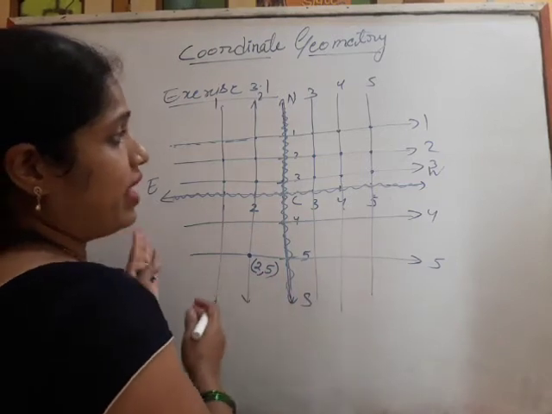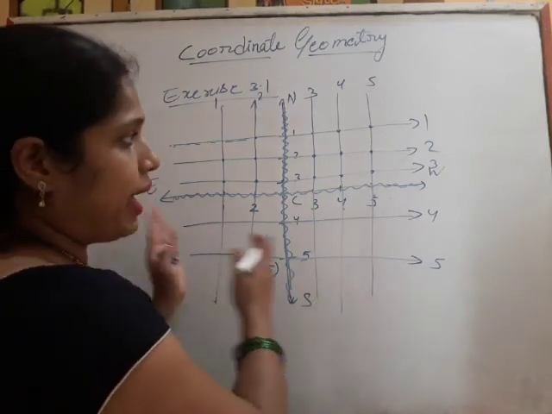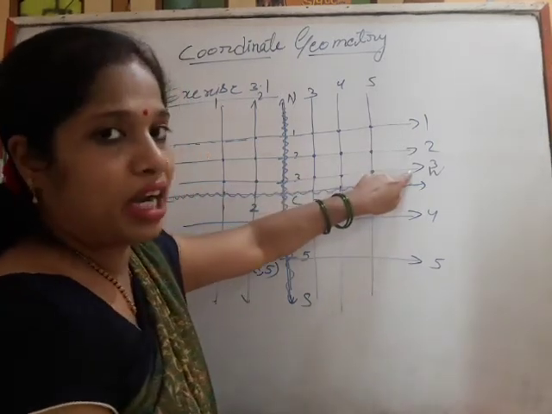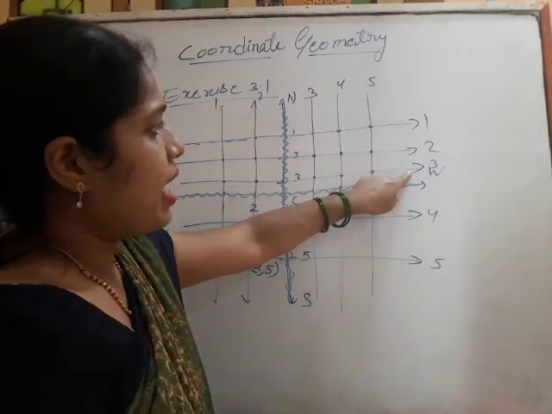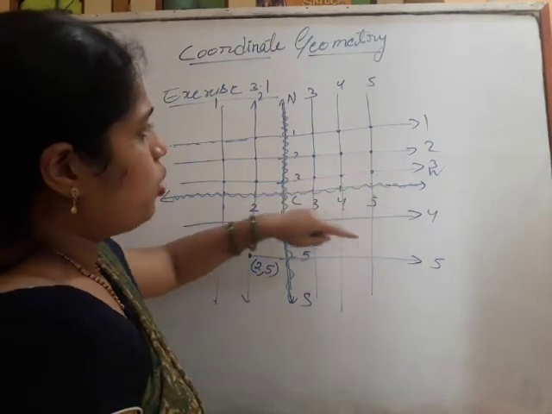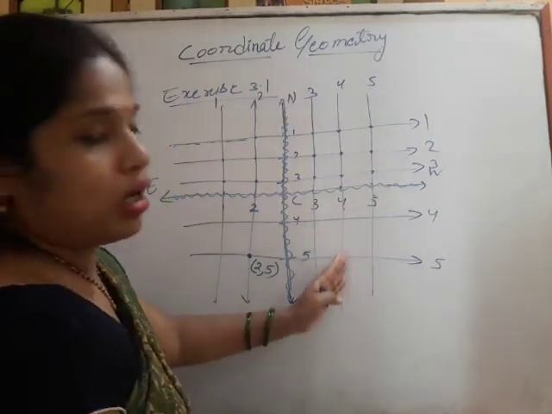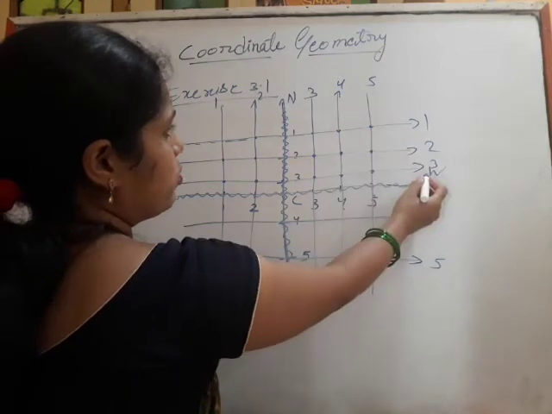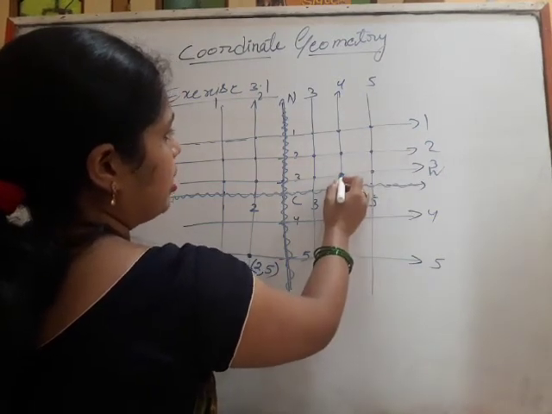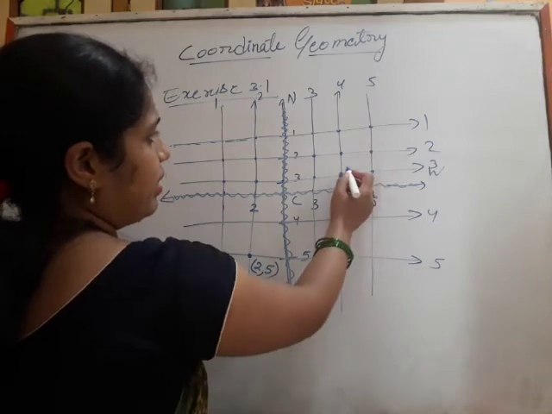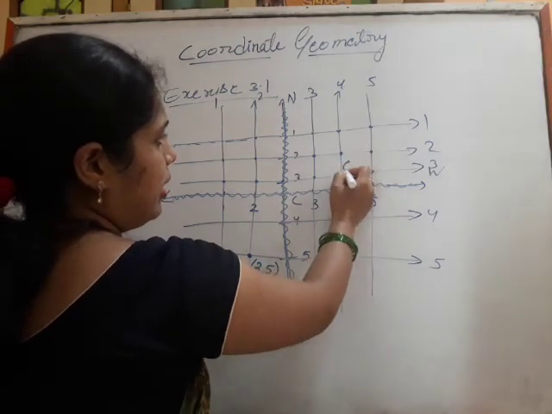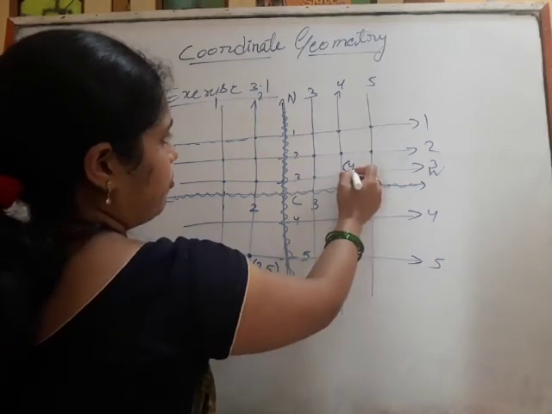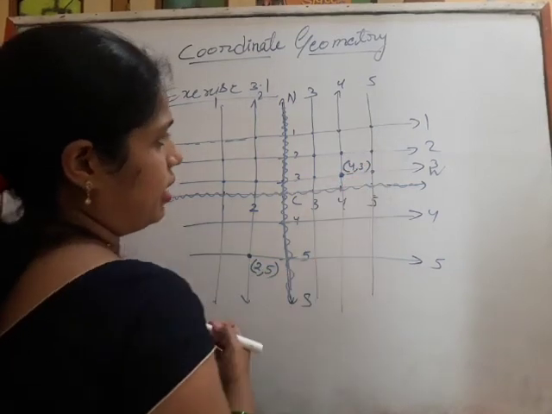The third street parallel to the east-west direction is this, and the fourth street parallel to the north-south direction is this. Where are they intersecting? Here. So we can write 4 and 3.